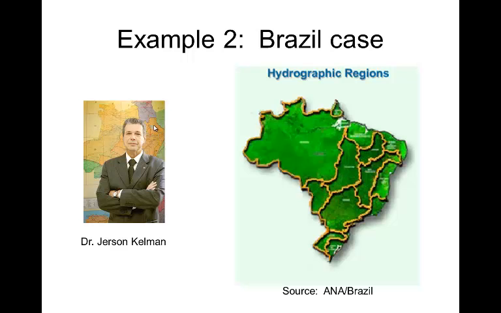And I'm showing a picture of Dr. Jerson Kelman, who's one of our graduates, who has directed an effort to organize river basin commissions and studies to address the problems of water across Brazil in multiple regions. Now, one of the things that they did in Brazil was to organize a national water agency called ANA, A-N-A, and Jerson was the first director of that agency.